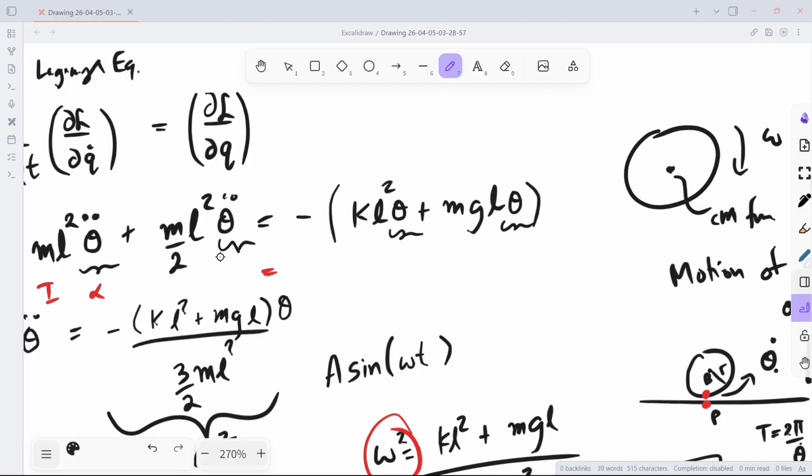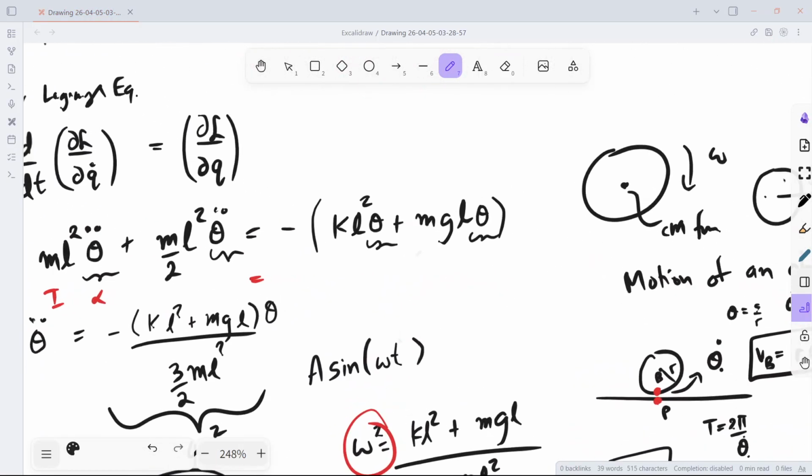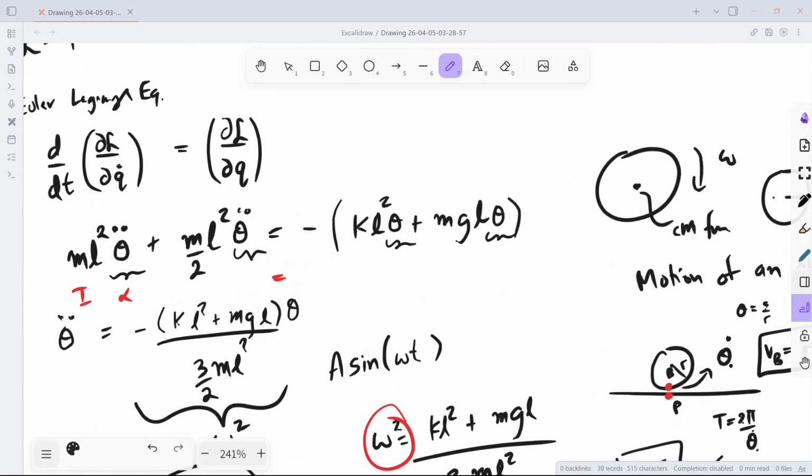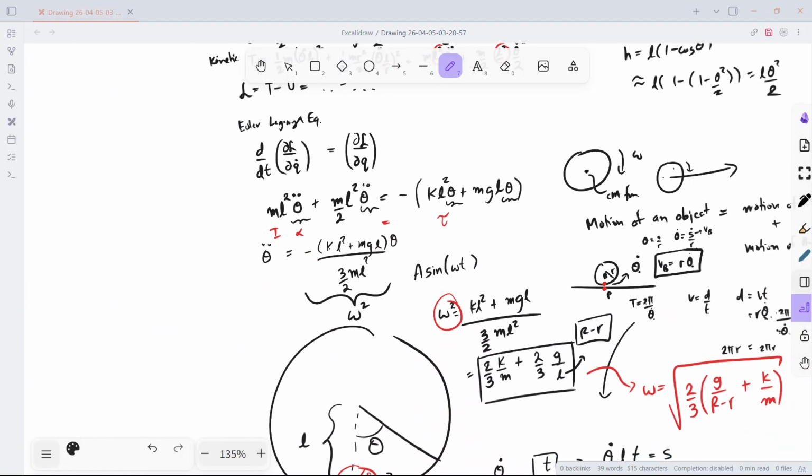So the torque here being, let's see, mg being your force, and minus kl being your force there, and L theta being your lever arm. So that's force times your lever arm, and that becomes your net torque.